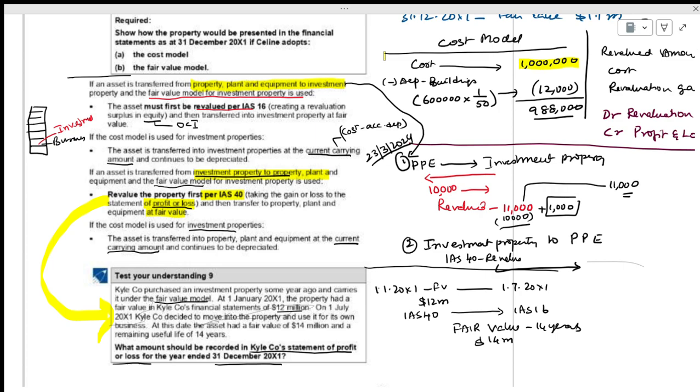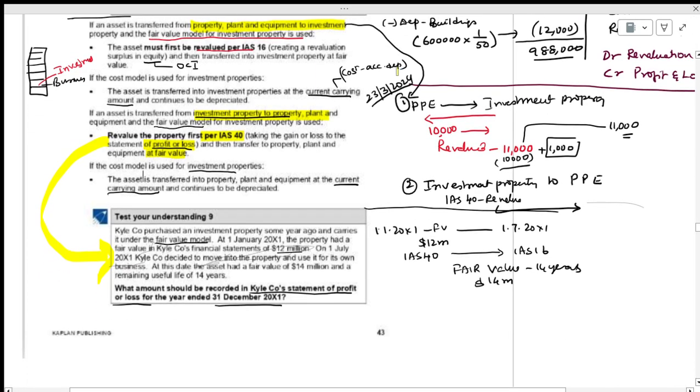First, you have to revalue at the fair value. How much is the revaluation gain we are going to get? Revaluation gain, 2 million. Is it right?